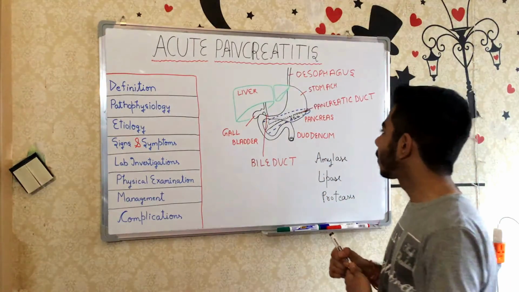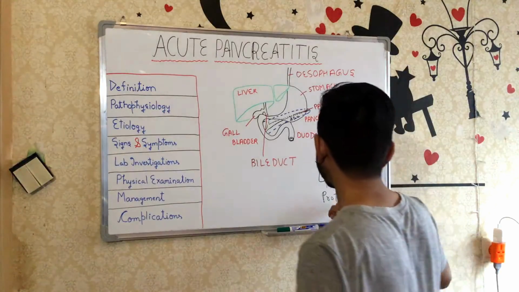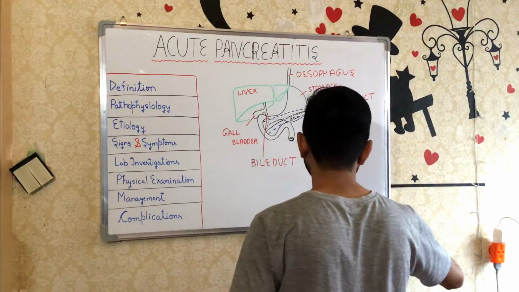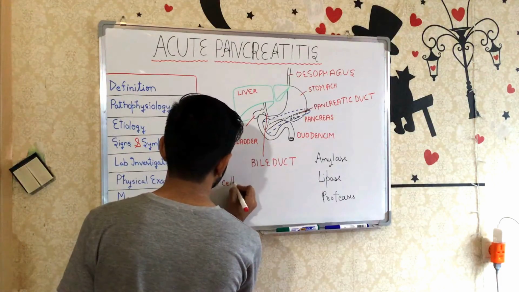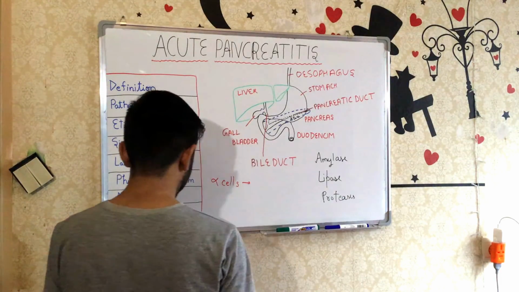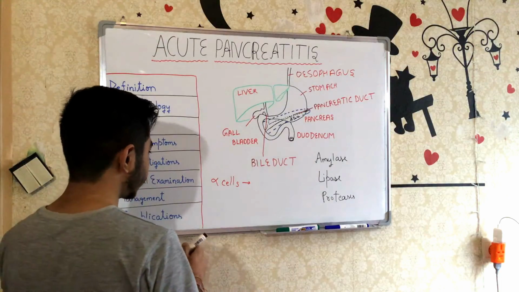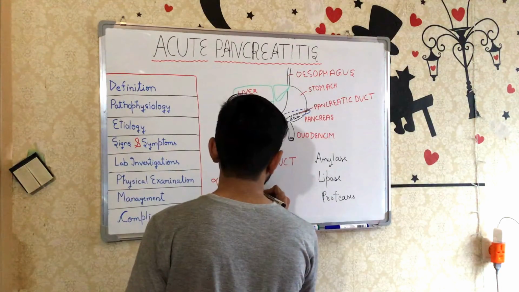For example, the alpha cells of the pancreas secrete glucagon into our blood.